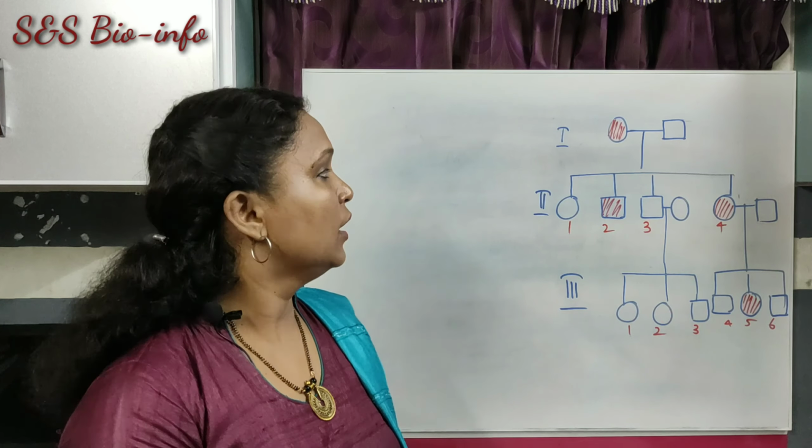You can see both affected and unaffected children: 1, 2, 3, 4, 2 are affected and 2 are unaffected. So which type of disorder is this? Autosomal dominant, and it is also found in all generations, so it doesn't skip any generation. So we can definitely say that it is an autosomal dominant disorder or trait.